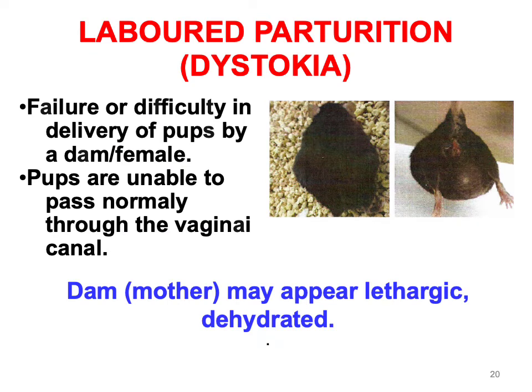Labored parturition or dystocia means a failure or difficulty in delivery of pups by the female, by the dam. Pups are unable to pass normally through the vaginal canal, and therefore the mother may also appear lethargic and dehydrated.